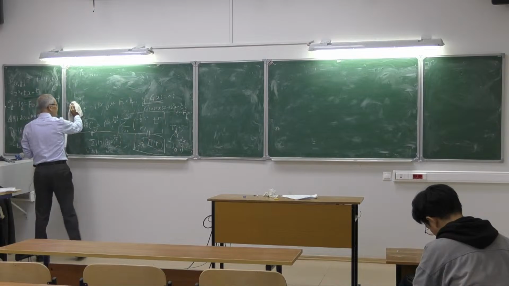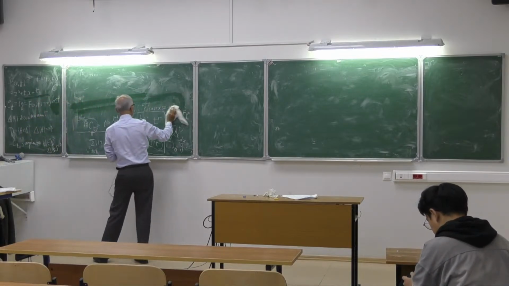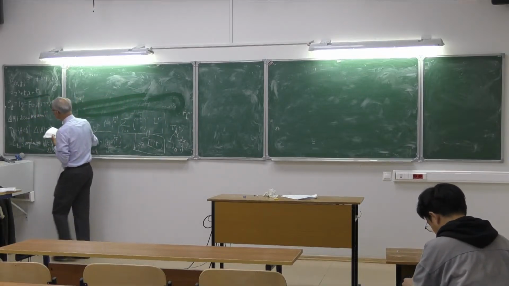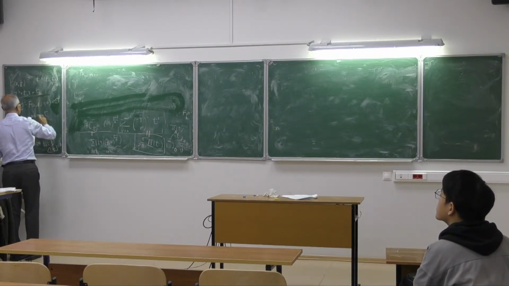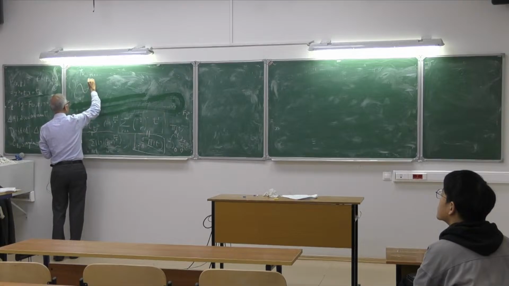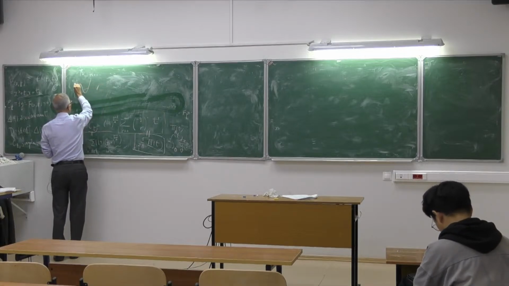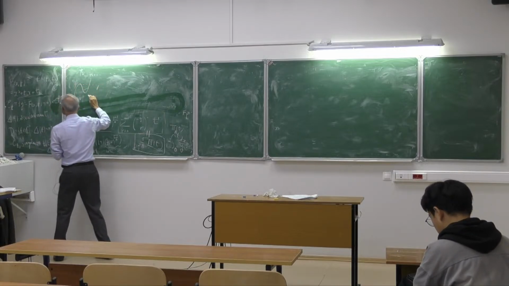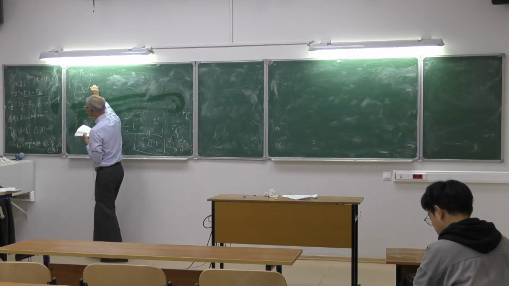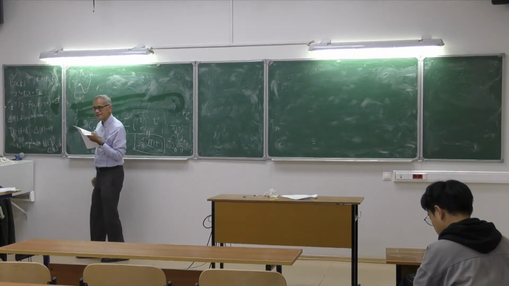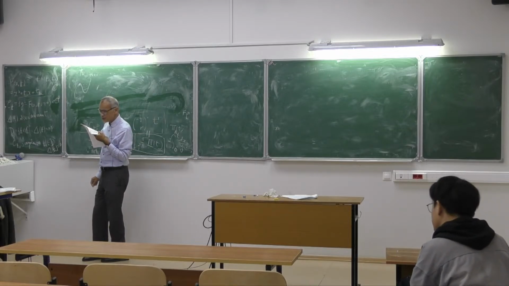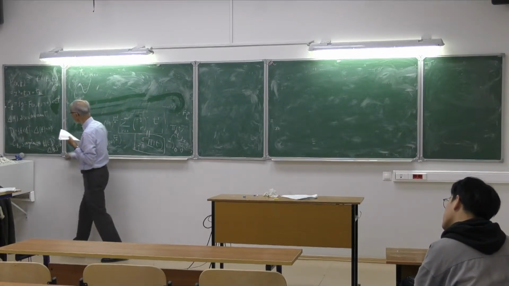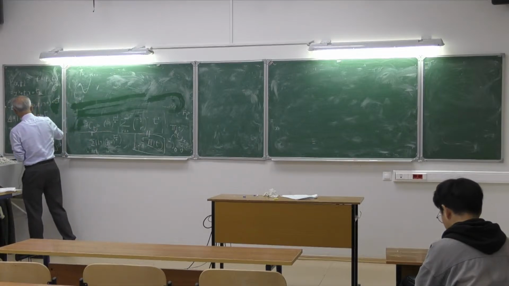And this discriminant can be calculated in a concrete manner. As you see, it is simply a choice of t1, t2 such that there is a multiple root for the equation f(x,t) equals 0.